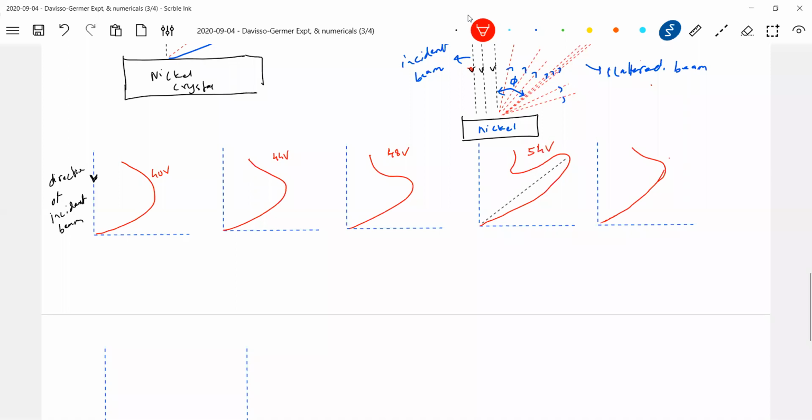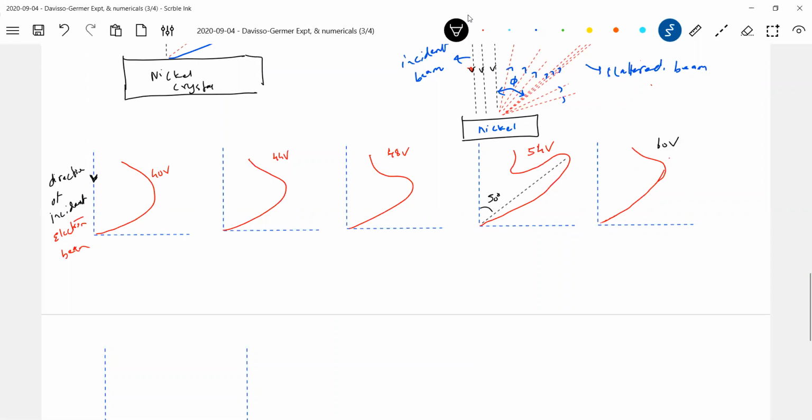This is what we are doing in the direction of the incident electron beam. I think if it is a proton, things will be different here. And this particular angle is 50 degrees. And this is 60 volts.